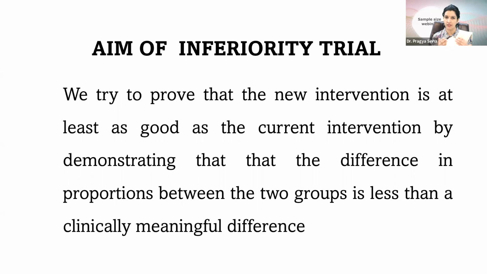So if the cost is much less, it is cost effective. So even if the outcome gets lessened by that margin which you have fixed, maybe 5% or 7%, and it lies within that margin, you can very well accept that new drug, although it is a little bit less effective.